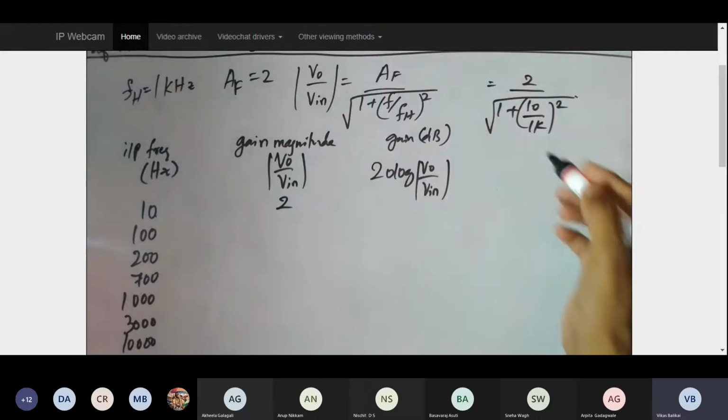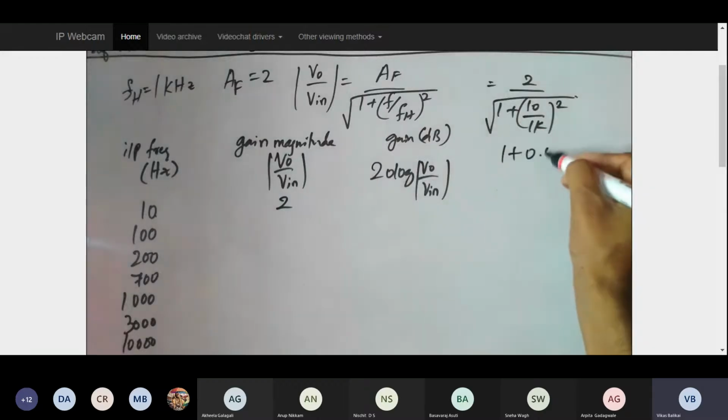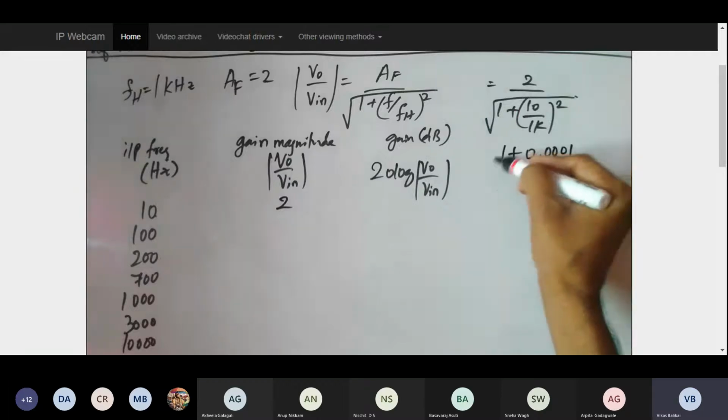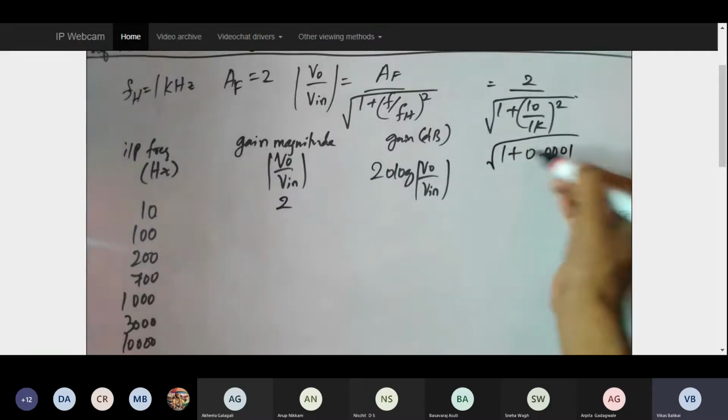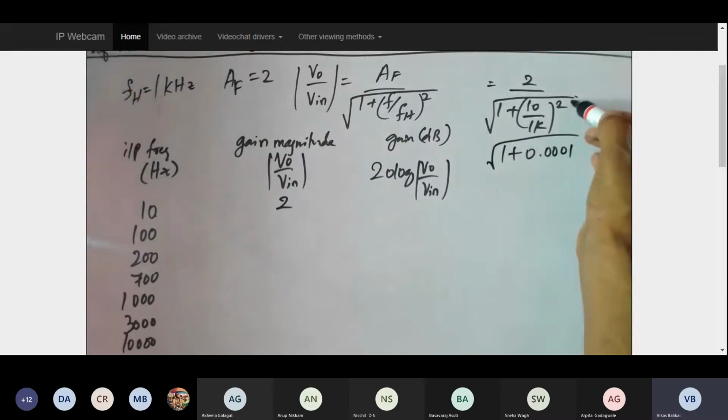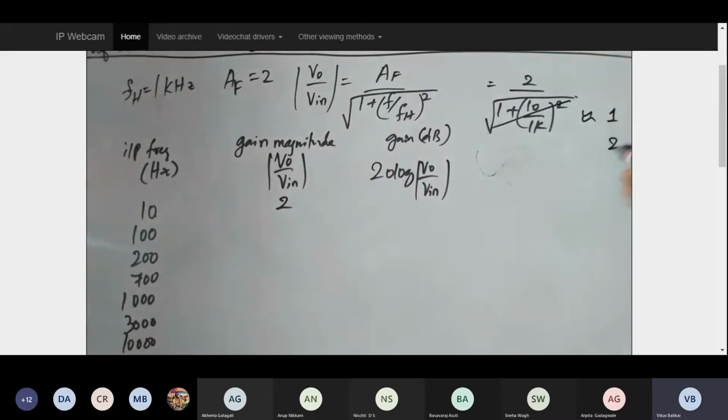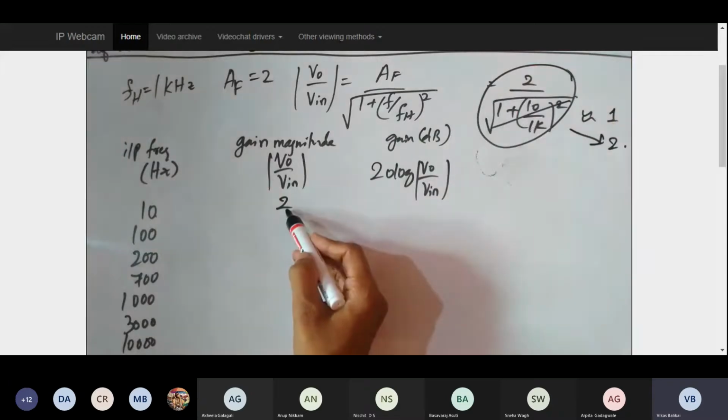So 1 plus 0.0001 is almost equal to 1. So the entire denominator term will be almost equal to 1, and 2 by 1 will fetch me a value of 2. That's how I obtained the gain magnitude as 2.